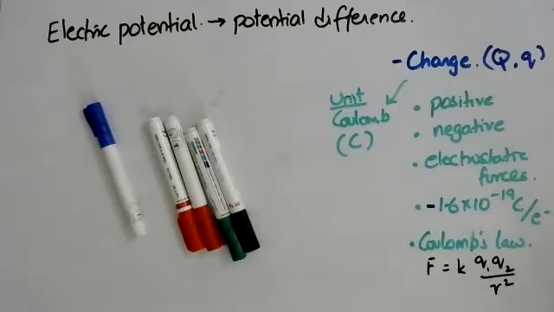We have already discussed the work of Charles Augustin Coulomb, who found out that the electrostatic forces are governed by a certain equation. The force between any two charges Q1 and Q2 can be found by multiplying Coulomb's constant by Q1 Q2 upon r squared.